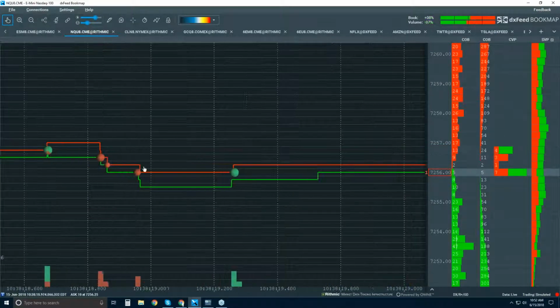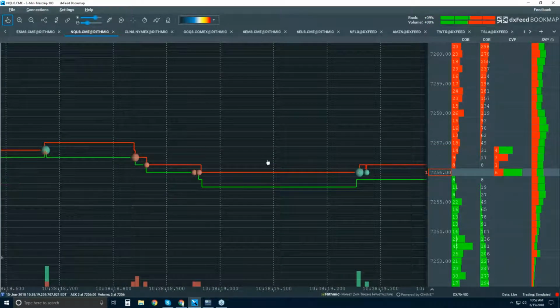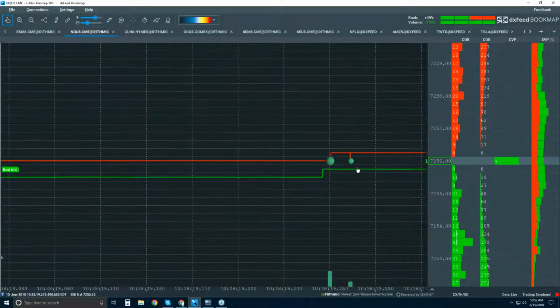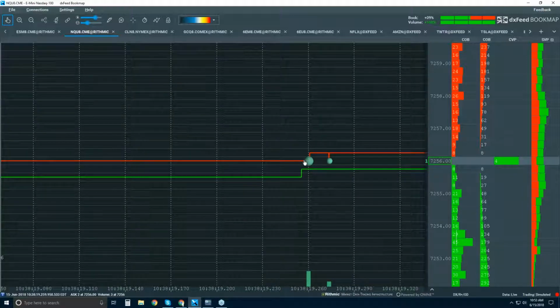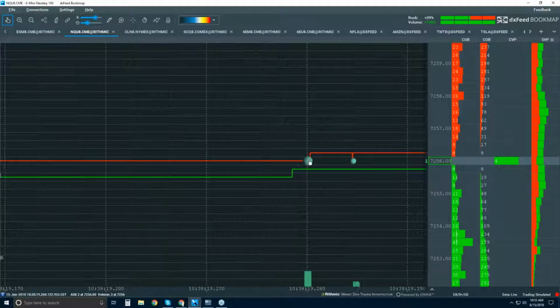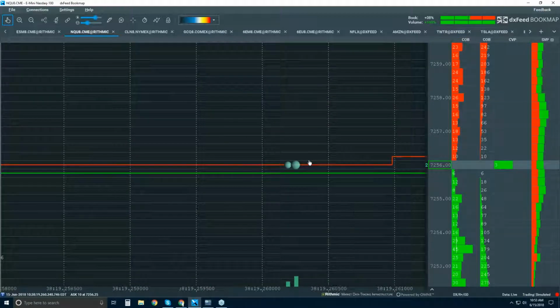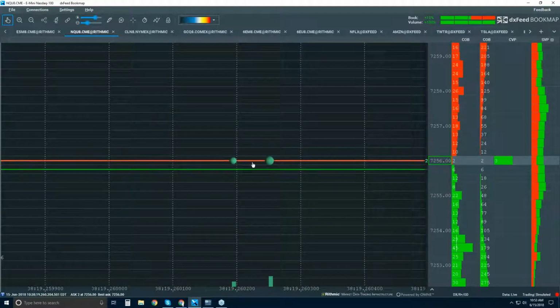What you can see are these green and red dots, and this is the aggressor. This is the aggressive buyer right here, the green dot. That's why it's green, and it takes liquidity off of the best offer. That's how the market works. We can zoom in here and note how we're displaying every single market event that is taking place.